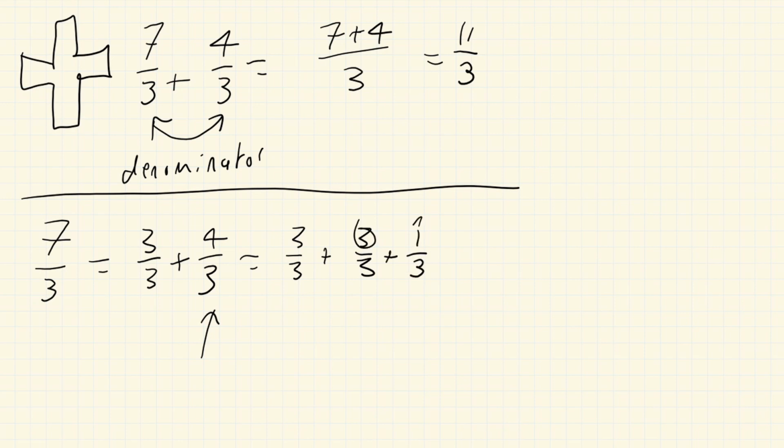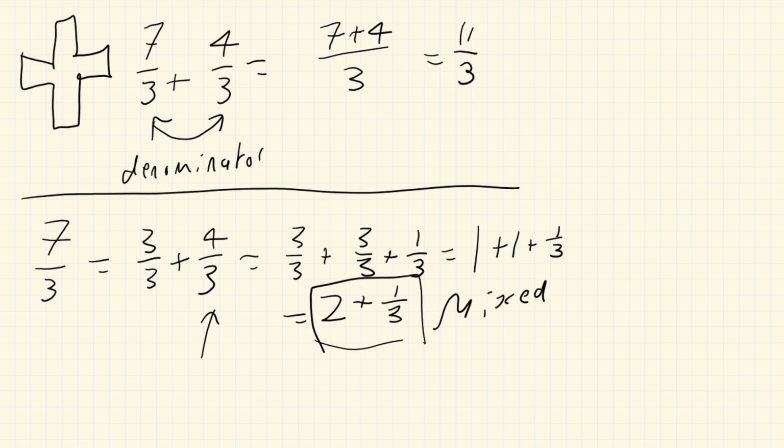Because 3 add 1 is 4. But then you'll notice we've got 3 divided by 3 again, and 3 divided by 3 is just 1. So this equals 1, add 1 over 3. So we can write 7 divided by 3 as 2, add 1 divided by 3. And this is a mixed number.